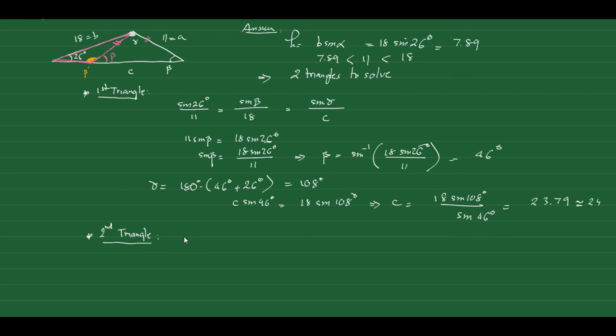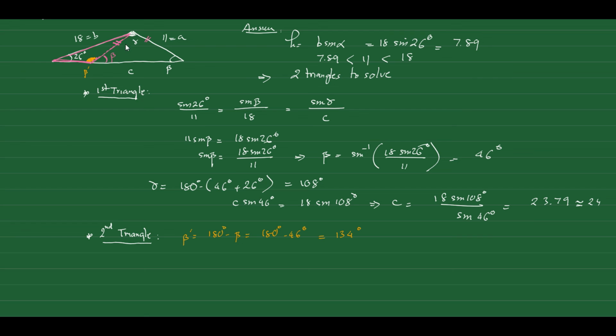Beta prime will be 180, because it's a flat angle, minus beta. So it will be 180 minus 46, which is 134 degrees. That's beta prime.